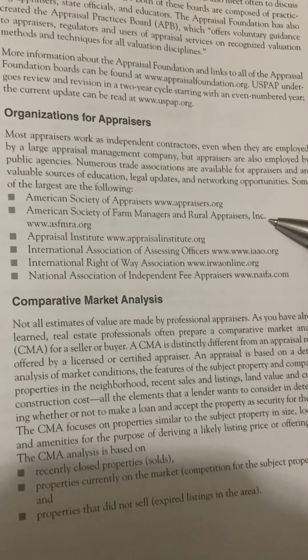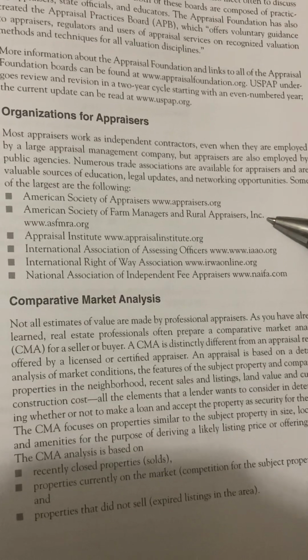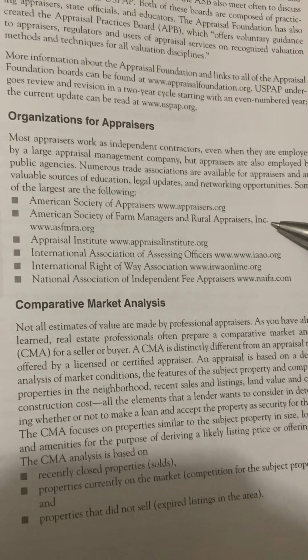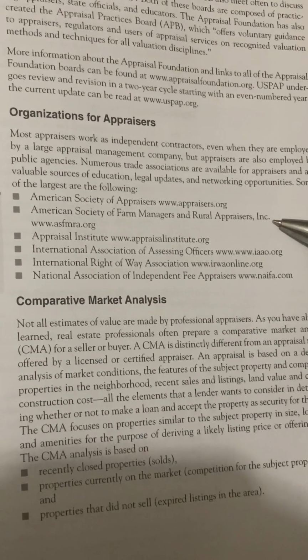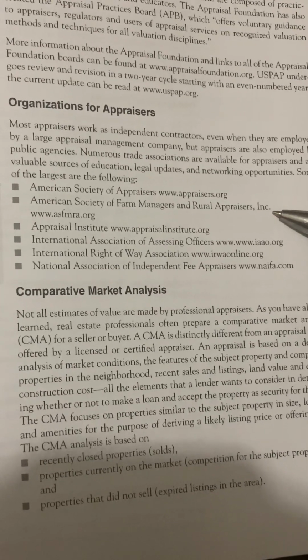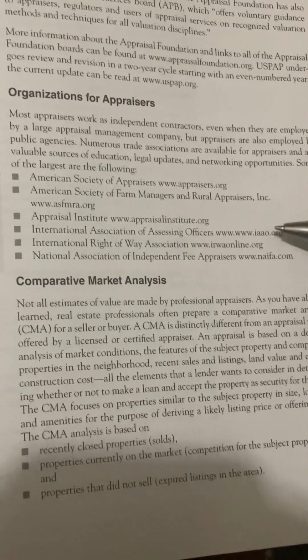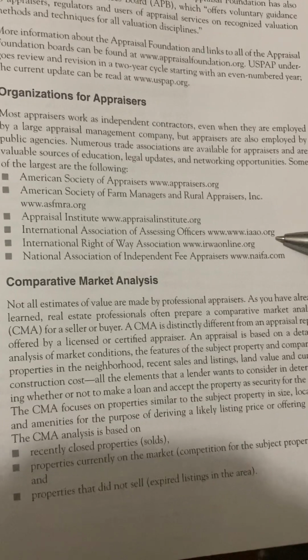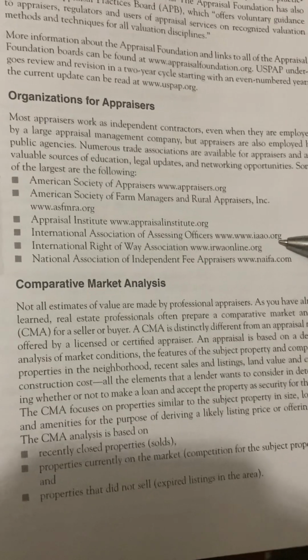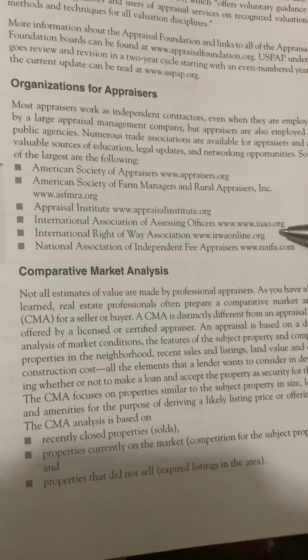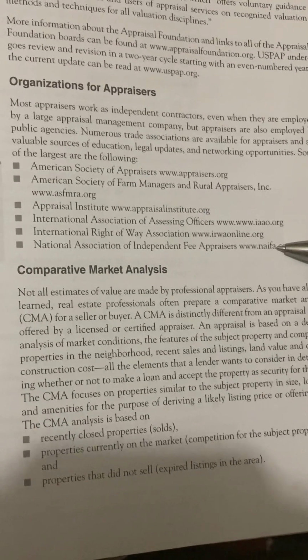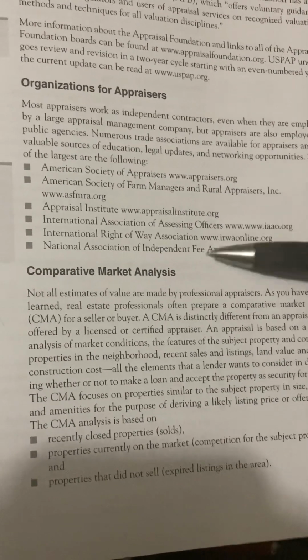American Society of Farm Managers and Rural Appraisers, Incorporated, www.asfmra.org. Appraisal Institute, www.appraisalinstitute.org. International Association of Assessing Officers, International Right-of-Way Association, National Association of Independent Fee Appraisers.